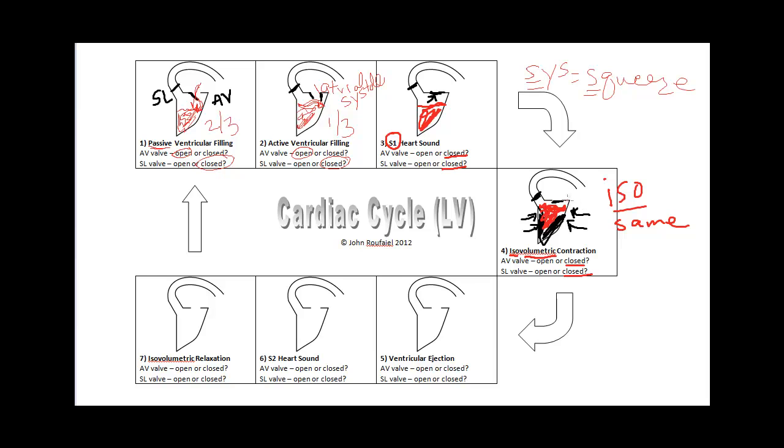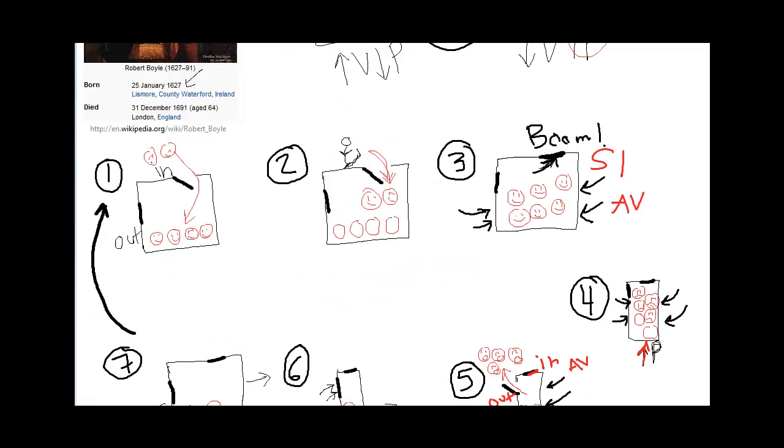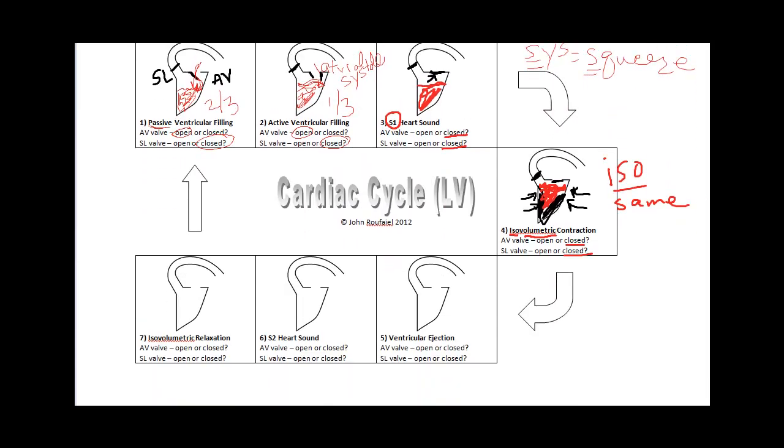Now I'll show you quickly the Wiggers diagram, and I'm going to come back to it more. If we take a look at it here, isovolumetric contraction, look at this blue line, how great that pressure increases right there. Okay, so going back down here, what's the next thing that's going to happen?